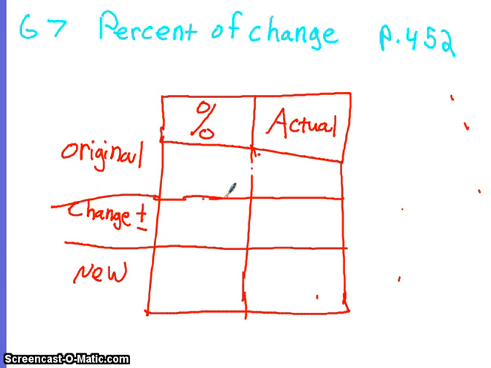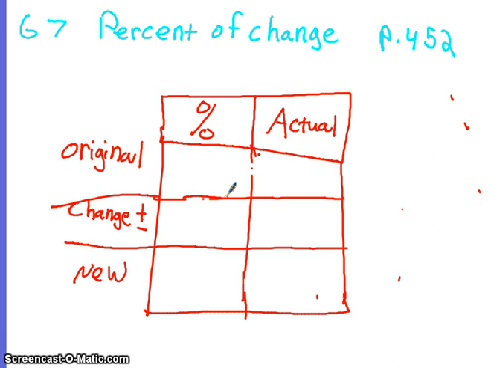All right. So original, change, and new. Houses in the neighborhood. Let's say the economy actually changes, because right now the economy's not the best for housing, but I hear some stories from people that work in the housing industry that that's changing.